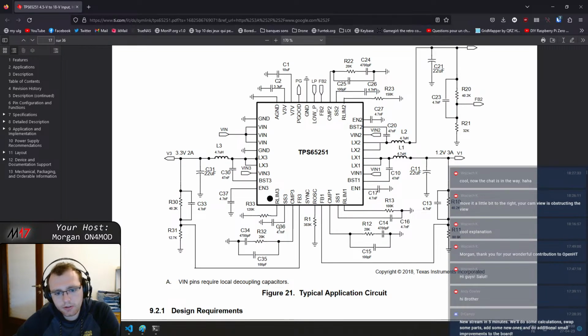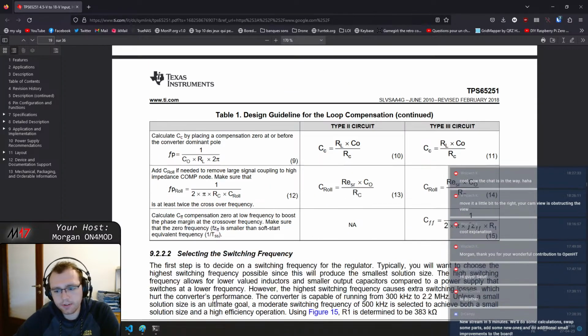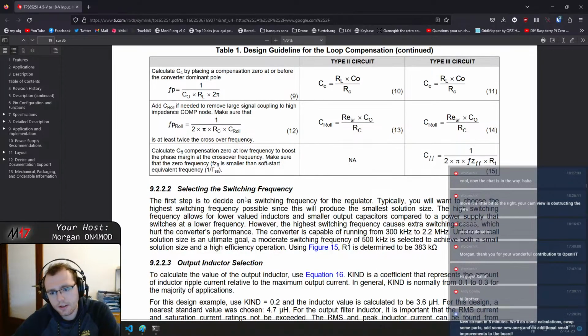And here, so they have a 1 millisecond soft start time. So they have the same design as I have.